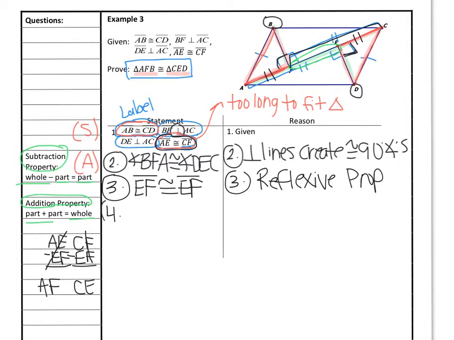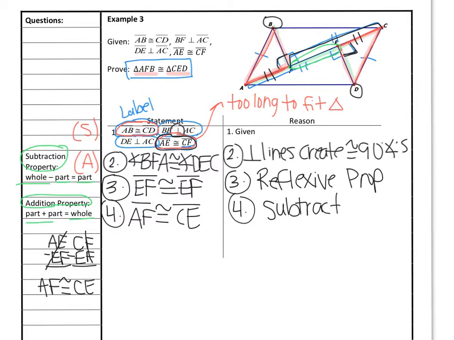And then after we've done that, we can say that here are our 2 leftover pieces, the pieces that are just right for our triangle: AF is congruent to CE. And what we say over here on the right is because we used the subtraction property to take our segment that was too long and subtract off what we didn't need. So now we've got another pair of congruent sides on our triangle.